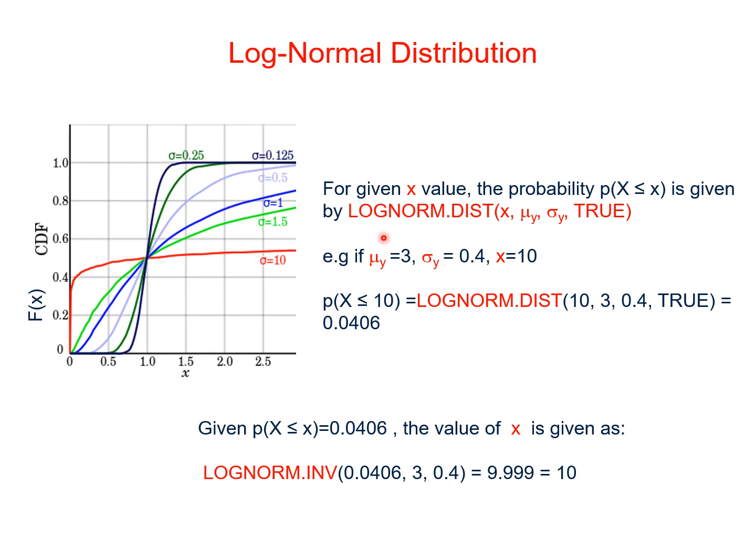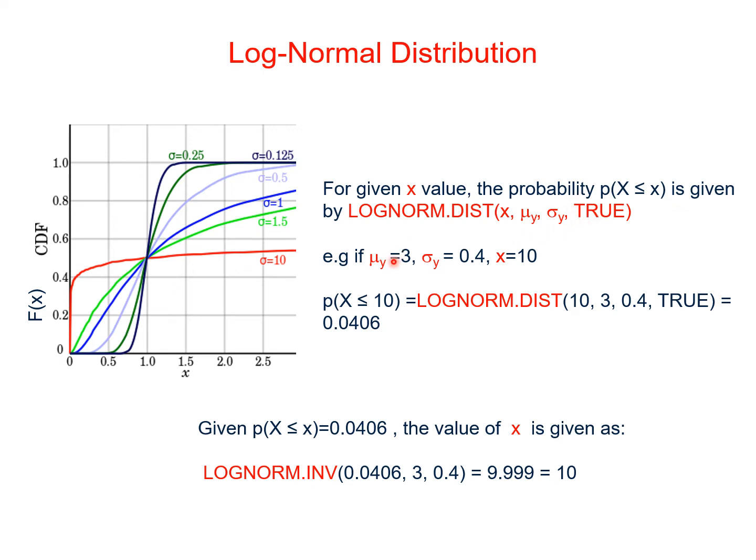For the log normal distribution, you can also use an Excel spreadsheet to calculate the values. For a given x value, the probability is given by the LOGNORM.DIST function. What you need to do is provide x, mu y, sigma y, and cumulative is true.